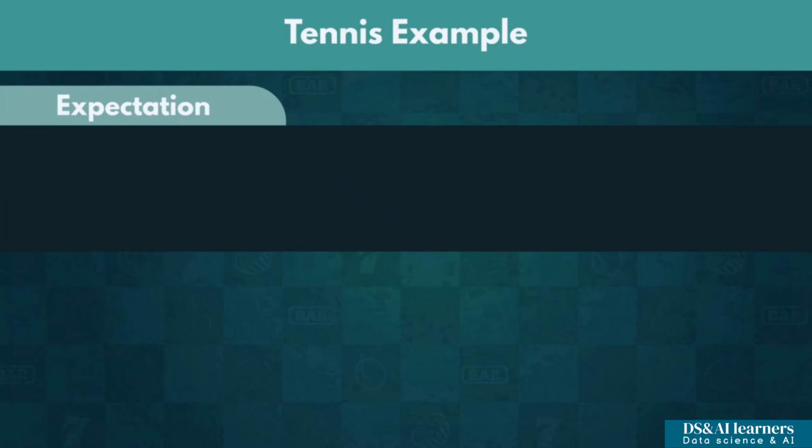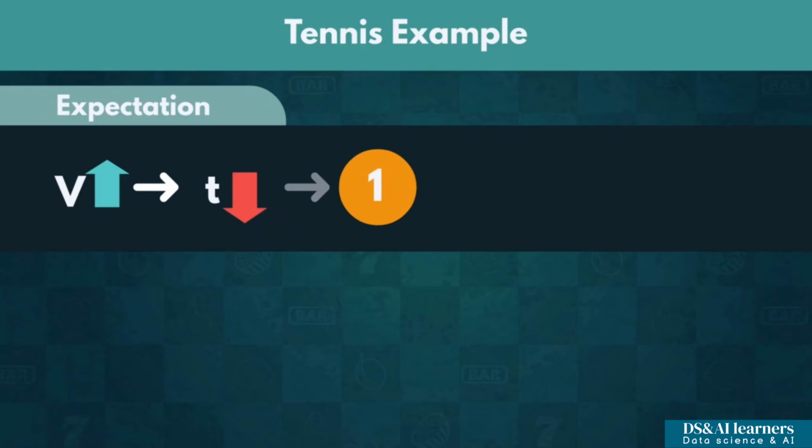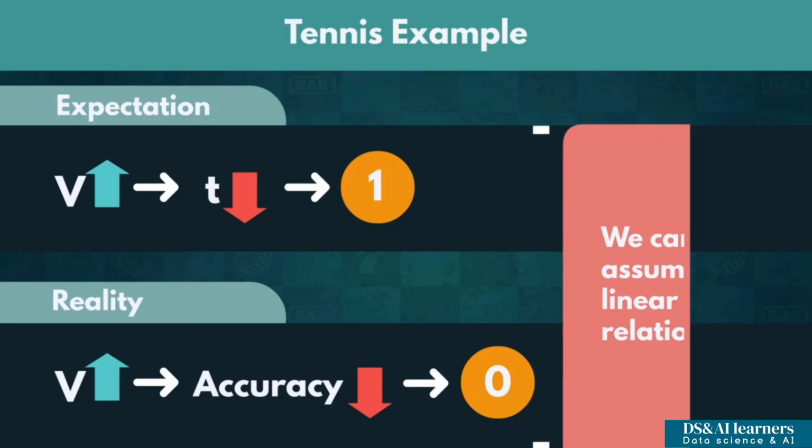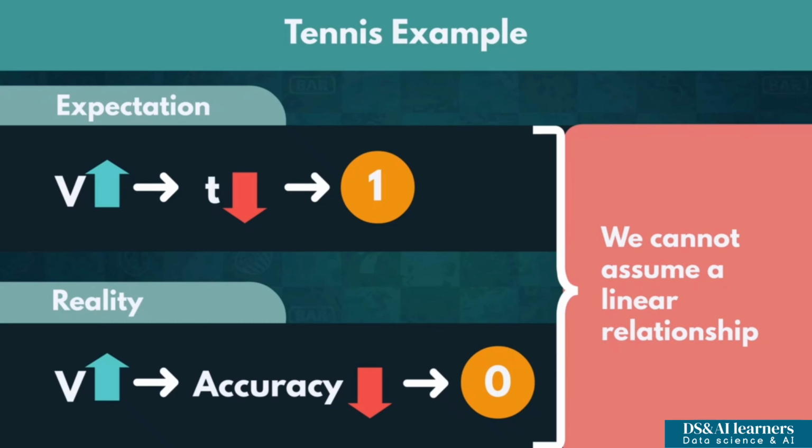Expectation dictates that sending the ball with higher velocity leaves opponents with a shorter period to respond. This usually results in a better hit, which could lead to a point for the server. To reach the highest speeds, tennis players often give up some control over the shot, so are less accurate. Therefore, we cannot assume that there is a linear relationship between point conversion and serve speeds.